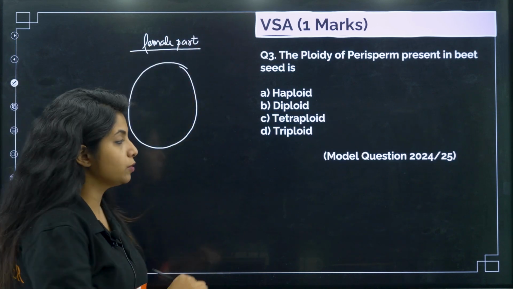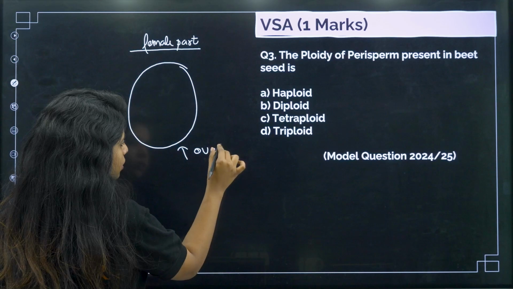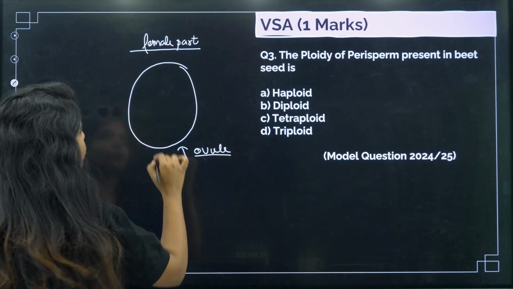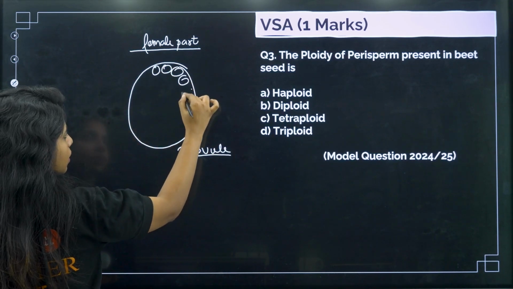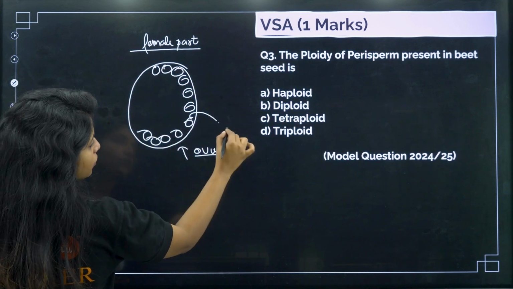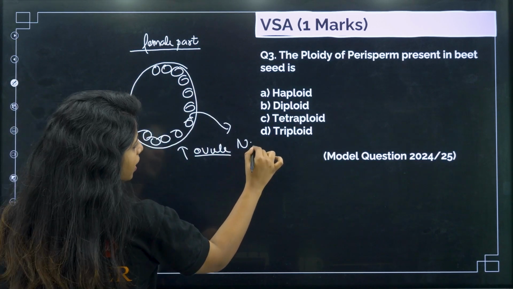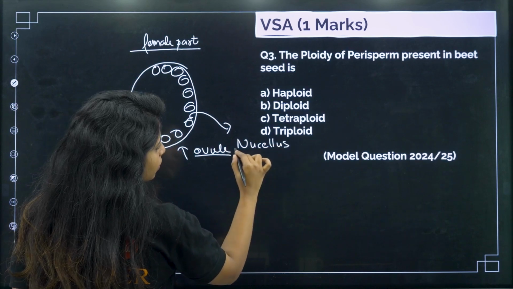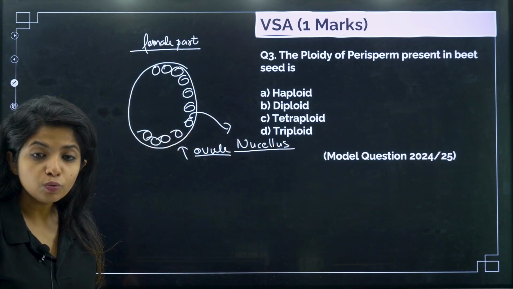Inside the female part, suppose this is the ovule. Inside the ovule you have so many cells, and you call this whole thing which has the cells the nucellus.